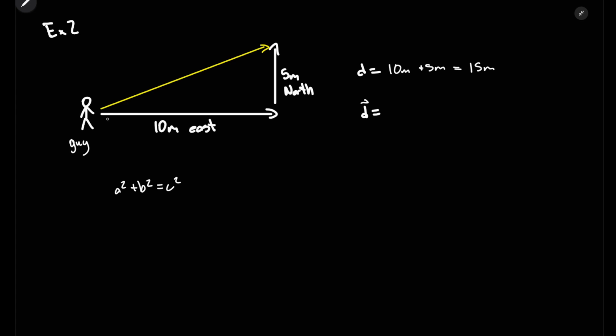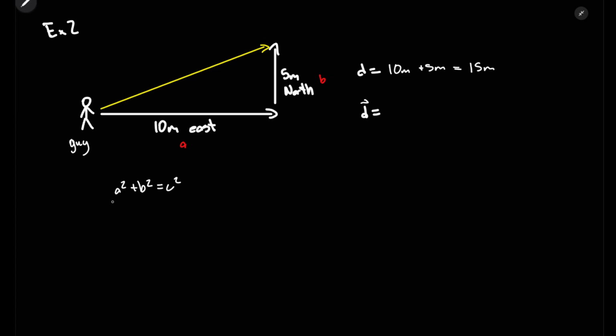What we're going to call these lines: this 10 meters east is going to be the x component of our vector, and this 5 meters north is going to be the y component of the vector. So let's consider the x component as a and the y component as b.